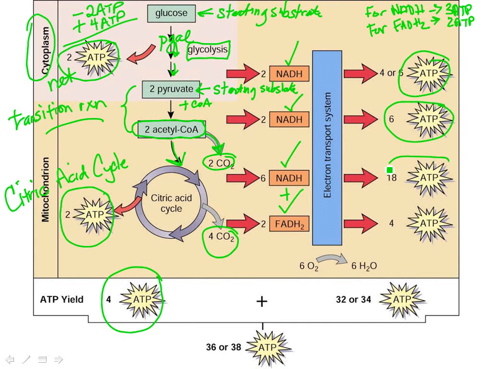So, from each of the reactions, we're just multiplying, for instance, 6 times 3 ATP molecules is going to give us a total of 18. 2 times 2 is going to give us a total of these 4. And for the electron transport system alone, the ETS alone produces 32 to 34 ATP molecules, and that just depends on what direction we take up in this one, whether we get 4 or whether we get 6.